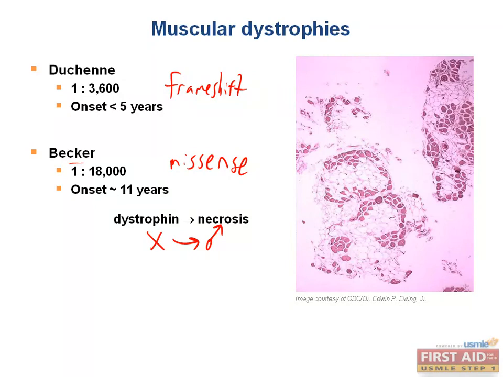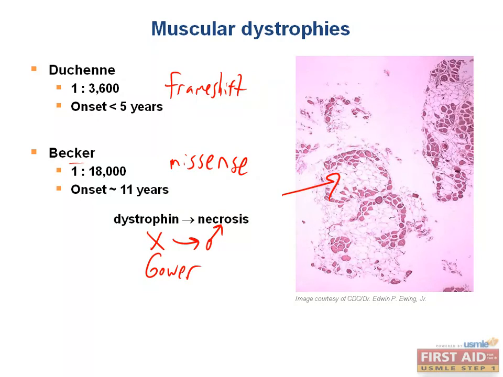In both Duchenne and Becker, the calf muscles are particularly affected, and if you ever see or hear of a patient with pseudohypertrophy of the calf muscles, think of these diseases, because this pseudohypertrophy is caused by the fibrofatty replacement of muscle tissue, which is what you're seeing in this image. You should also associate these with the inability to perform a Gower maneuver, especially Duchenne, since it's more serious.